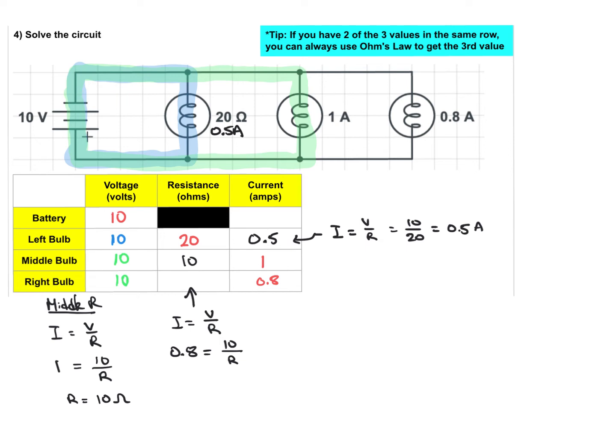So that one's more difficult to do with mental math. So if I use algebra, this will rearrange to be R equals 10 divided by 0.8. So I'll go to the calculator now and type in 10 divided by 0.8. That gives me 12.5 ohms.